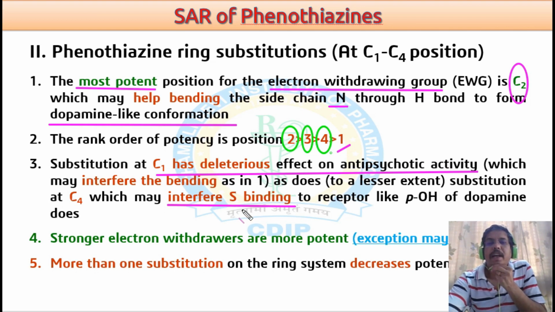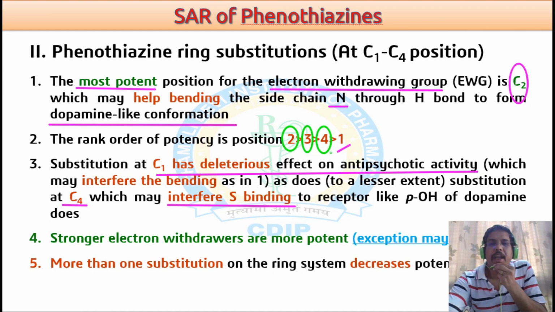This sulfur, I told in the previous slides, acquires a similar behavior as the hydroxy group of the dopamine. So it may participate in the hydrogen bond formation, but if this substitution is carried out on the 4th carbon of the phenothiazine ring, it may interfere in the hydrogen bond formation of this sulfur.